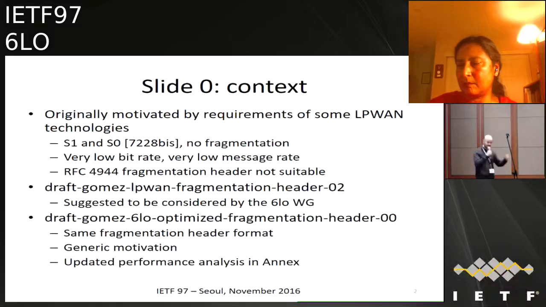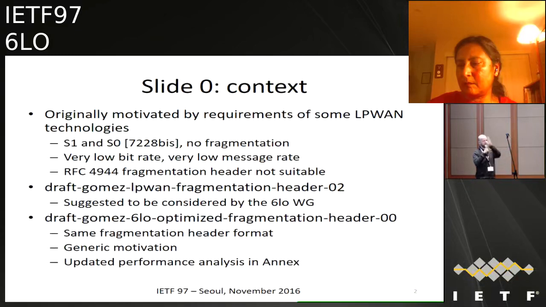And in Berlin, in the LPWAN working group meeting, we presented this version 02 of the LPWAN fragmentation document. And there were 2 comments here. One was that for LPWAN, we should explore an even more lightweight format.